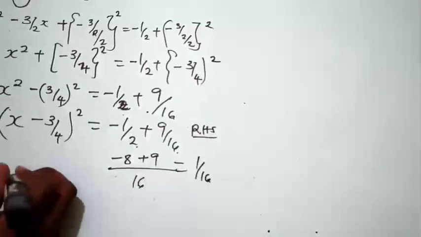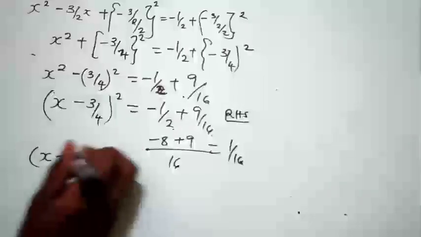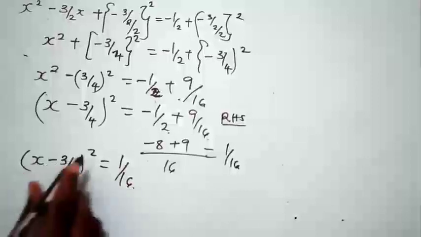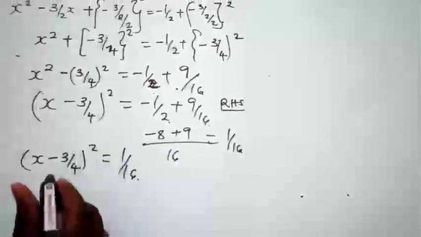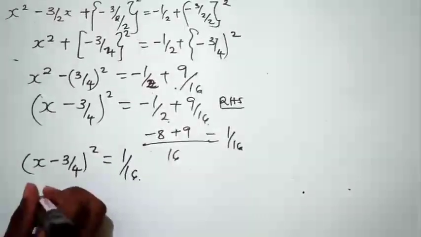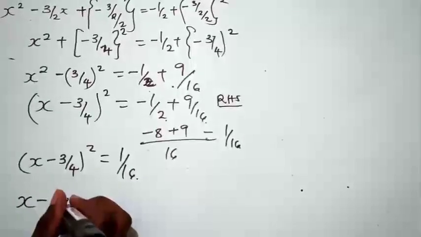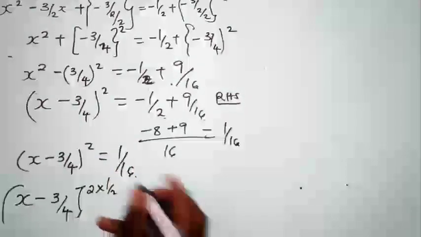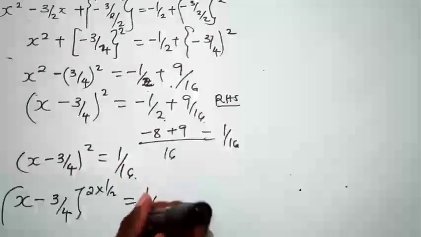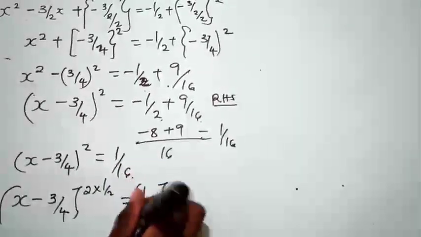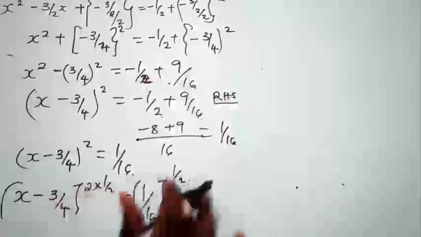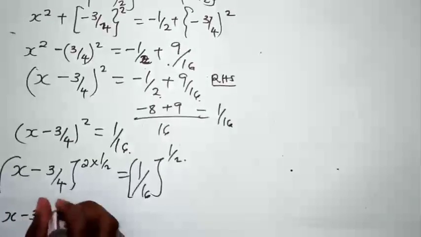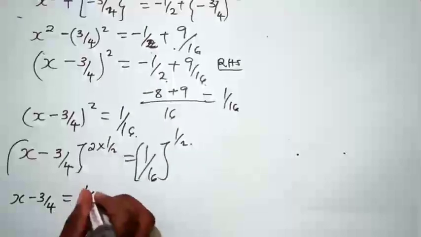So we have x minus 3 over 4 squared equals 1 over 16. To do away with the square, we raise both sides to the power of a half. So we're going to have 2 times a half, then 1 over 16 raised to the power a half. A half is like the square root. So we're going to have x minus 3 over 4 equals 1 over 4.